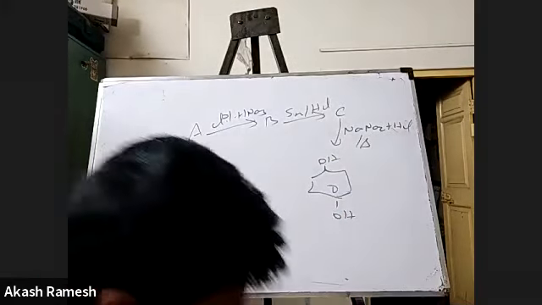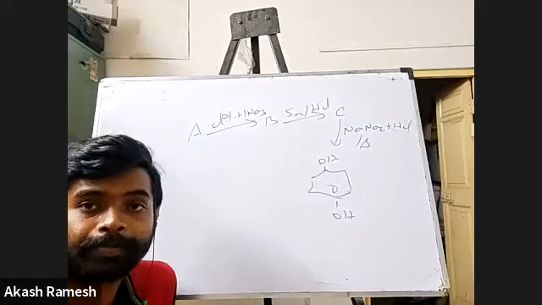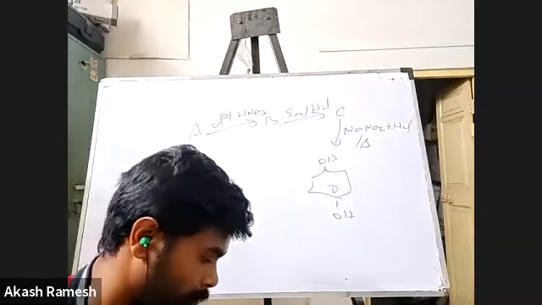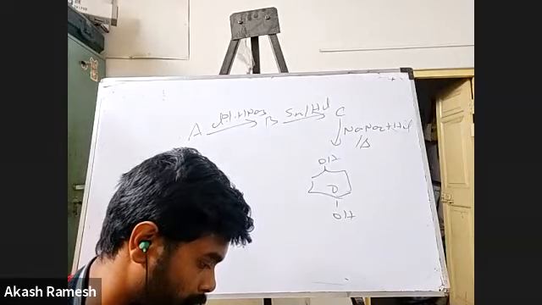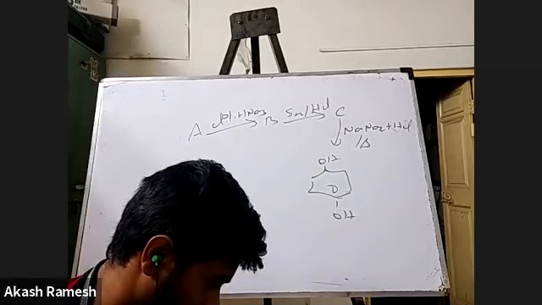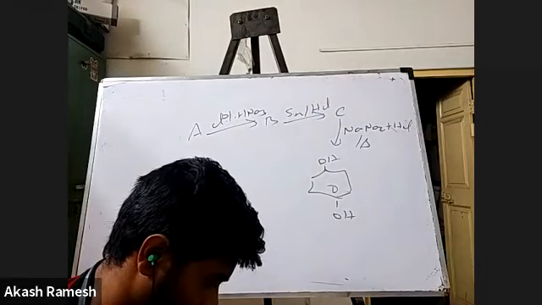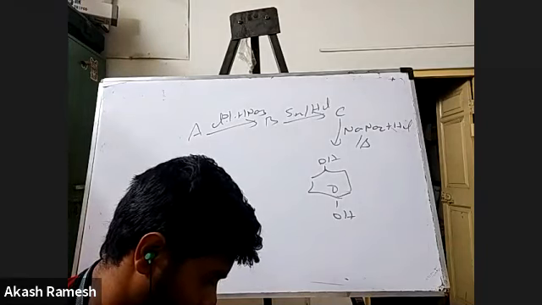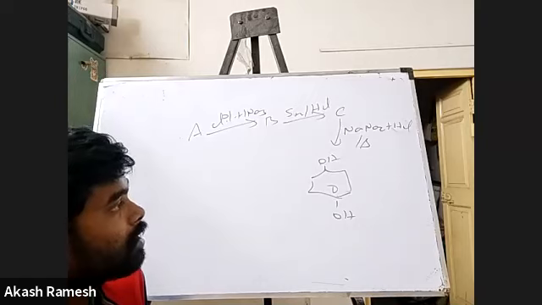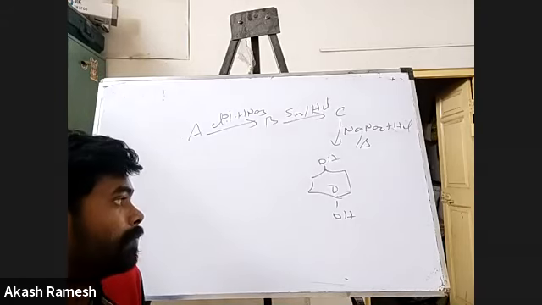Okay, you have to identify A, B, and C. Sir, B is nitrobenzene and C is aniline, sir. B is nitrobenzene, C is aniline.